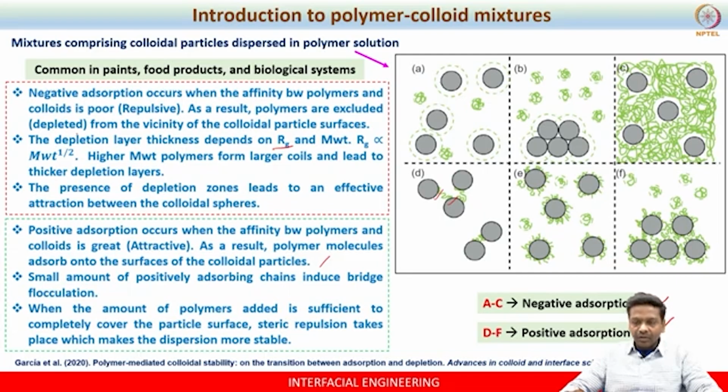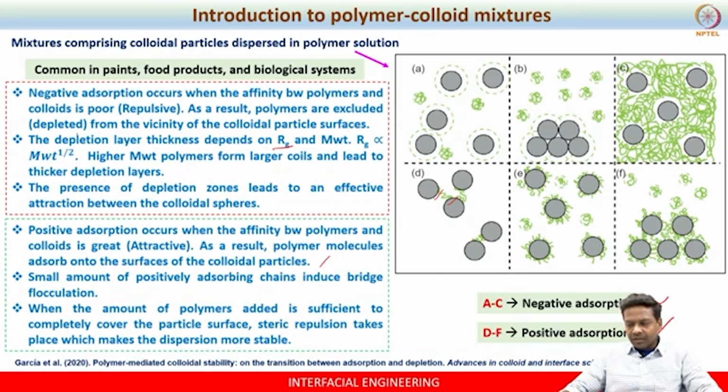The adjacent particle is the same case, right? When these two particles approach each other, there will be steric hindrance, because the polymer molecules will act as a physical barrier. They will not allow the particles to penetrate any further, beyond some center to center distance. So in such a case, you would expect steric stabilization.